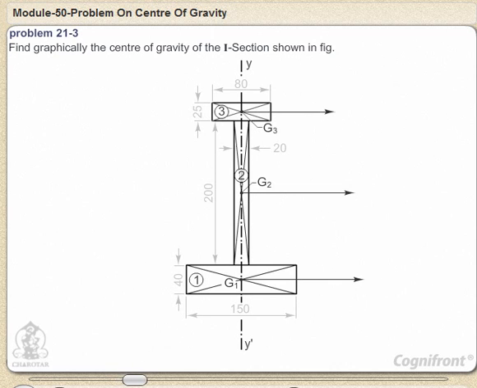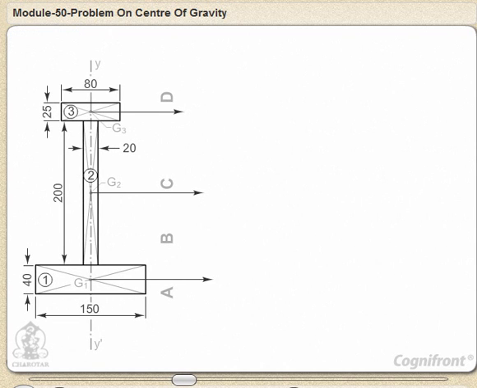These lines may be drawn in any direction except vertical, as the center of gravity lies on the vertical axis. Name these forces as AB, BC and CD respectively according to Bow's notation. This figure is also called the space diagram.